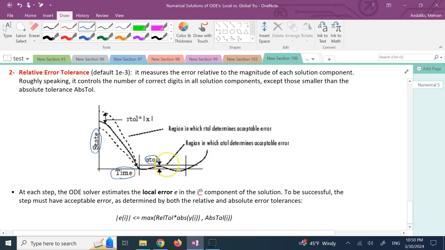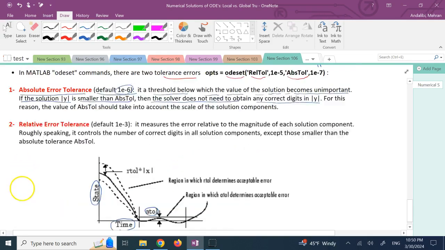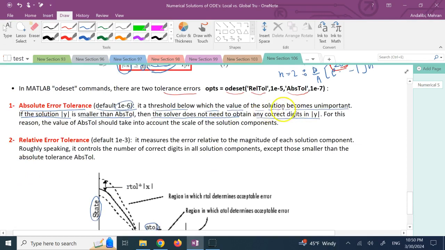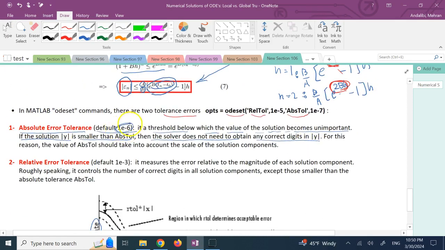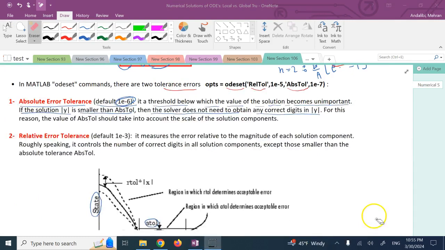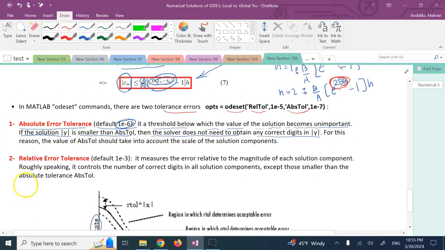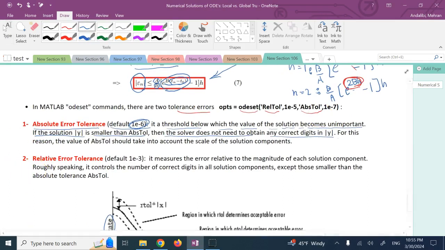In such regions, as I said, the solution becomes unimportant to you. Okay, so we don't really care much about the error of it because the solution itself is very small. It's less than 10 to the negative 6. So the truncation error is not that critical at this level.